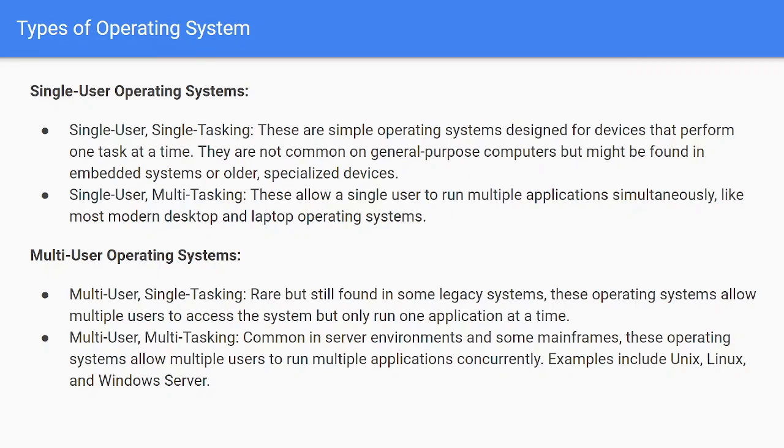Single user, single tasking simply means that you have one user to a particular device, and that one user can perform only a single task at the same time. So it's more like embedded devices or older devices that would have this kind of thing.